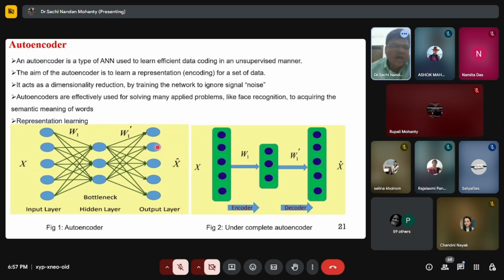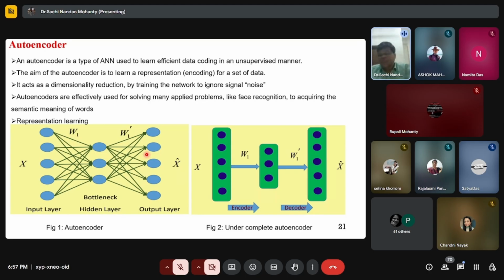That's why there is the bottleneck layer. The left part is called the encoder, and the right-hand side part is called the decoder. Automatically it will encode and decode, compressing and decompressing the particular data, mainly applied in face recognition or cancer disease diagnosis.